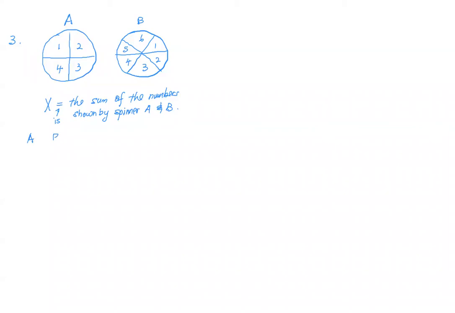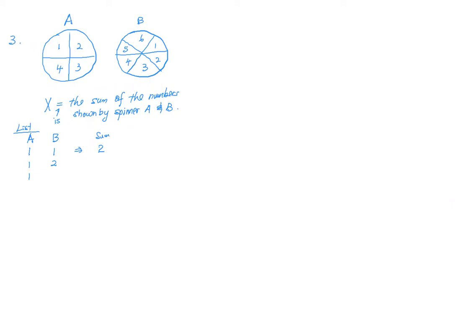Okay, so now when you say sum, spinner A, spinner B. If spinner A shows 1, I'm going to list out all the outcomes. Spinner B can show 1, so the sum will be 2. If I continue, spinner A shows 1, spinner B can show 2.